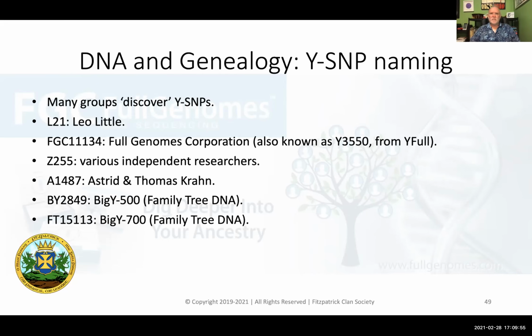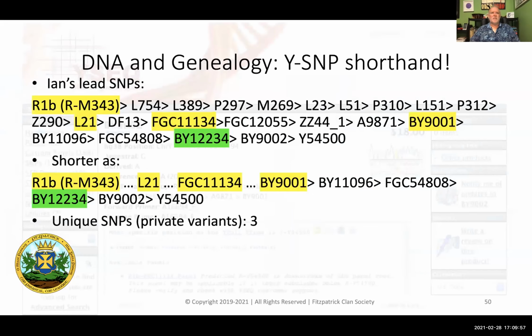And so using this SNP naming, this SNP notation, it's possible to give a man who has a DNA test, an advanced DNA test, like Ian, for example, a genetic address. And that line you see right at the top there is Ian's genetic address.